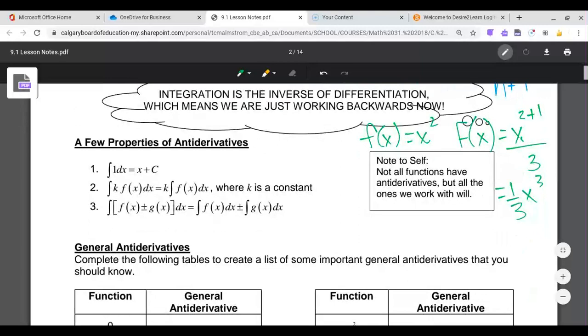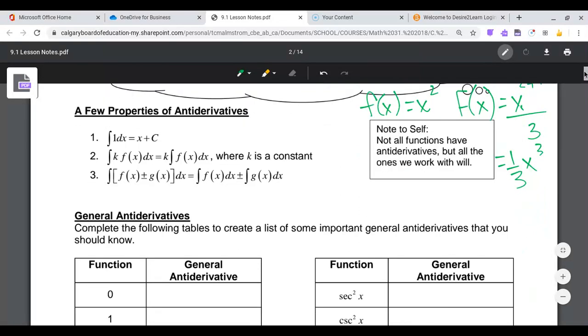Okay, so a few properties of antiderivatives. If you were asked to take the antiderivative or to integrate 1 in terms of x, you know, if you had some sort of constant, it could be 5, it didn't have to be 1, but you would just know that it had to be x. So think about if you had to take the derivative of x, you would get 1, okay?